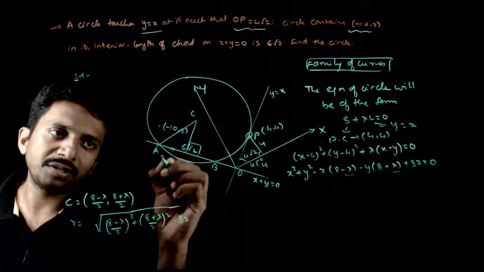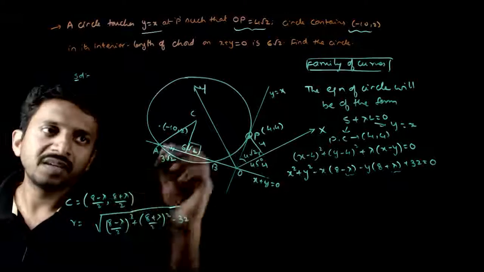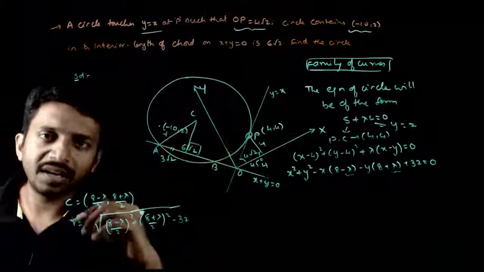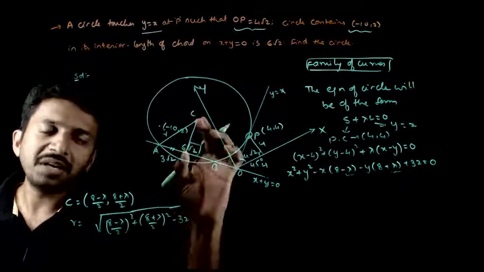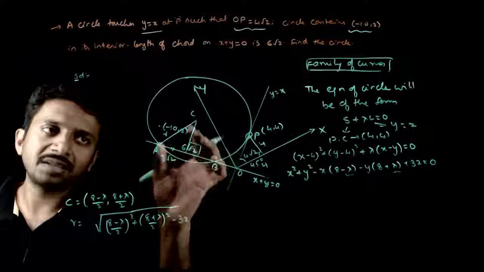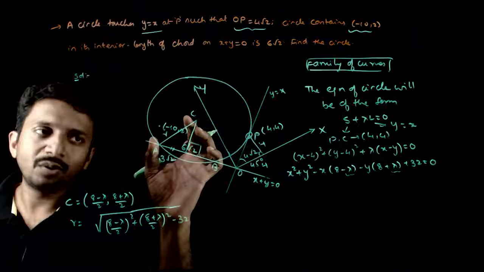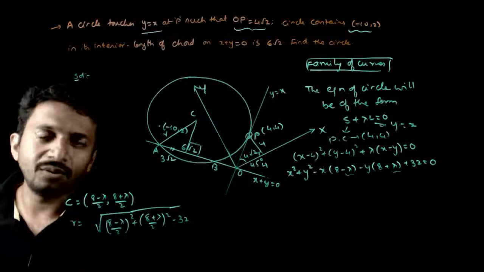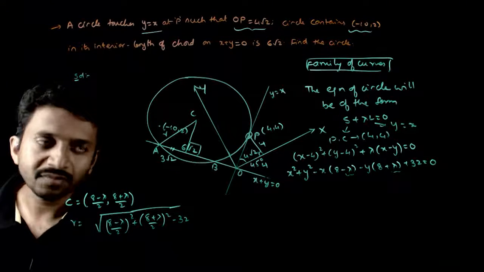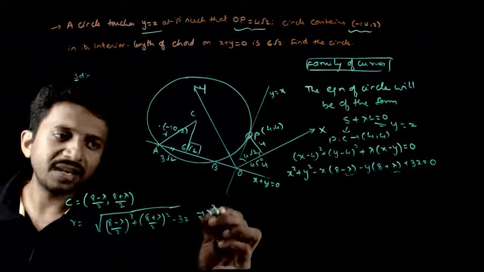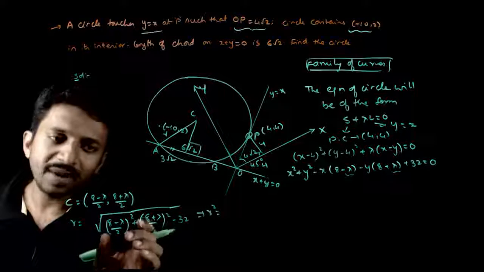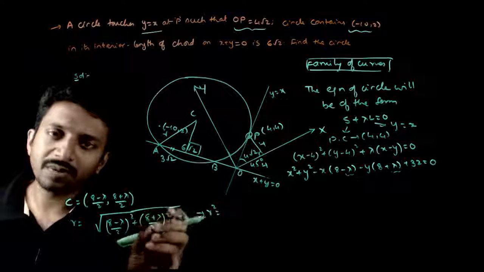This part will be 3 root 2. So the perpendicular distance from the center onto this line should be equal to root of r square minus (3 root 2) whole square.